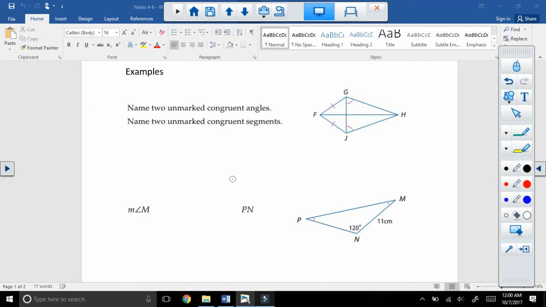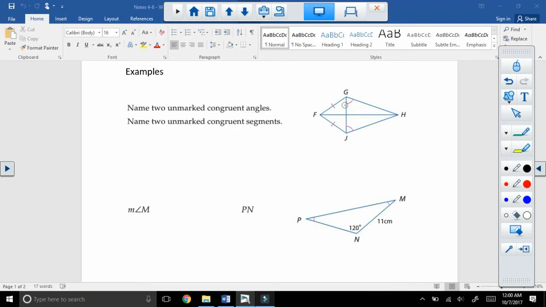Some examples of how we're going to use this. Some of these will just have a picture, and there might be more than one triangle in there. So it'll be really important to name the angles with three letters. This first question says they want us to name two unmarked congruent angles. So I need to look at the sides that are congruent within certain triangles.